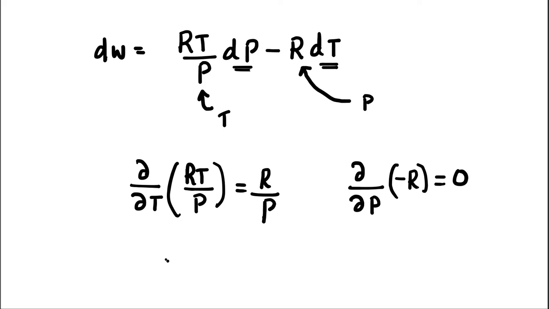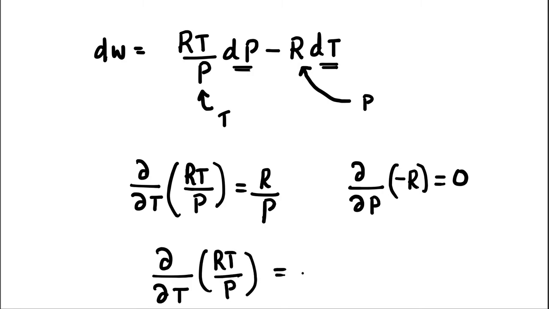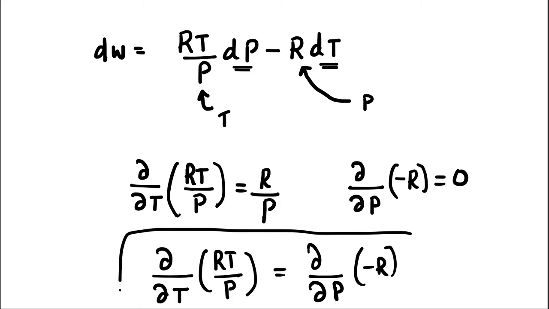So that means dou over dou t of rt over p is equal to dou over dou p of negative r. Is it true? Let's verify. If this condition is met, then dw is an exact differential.